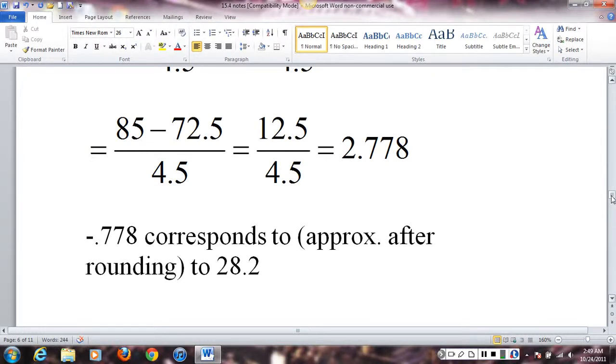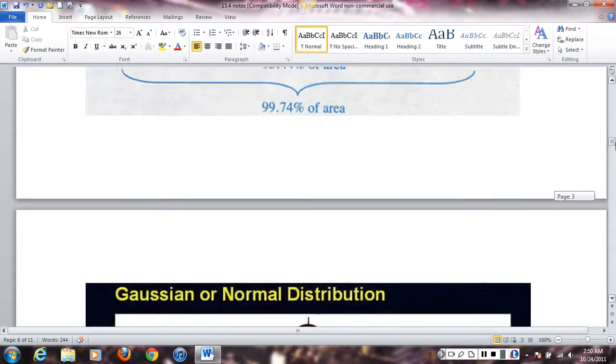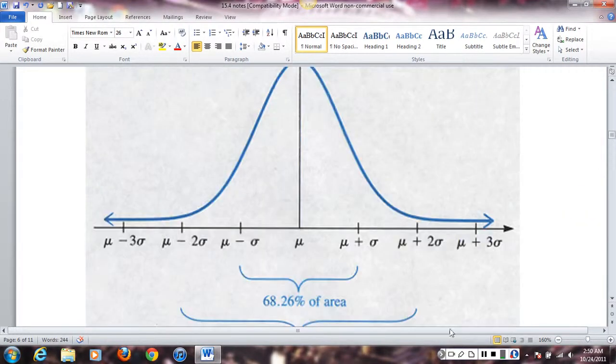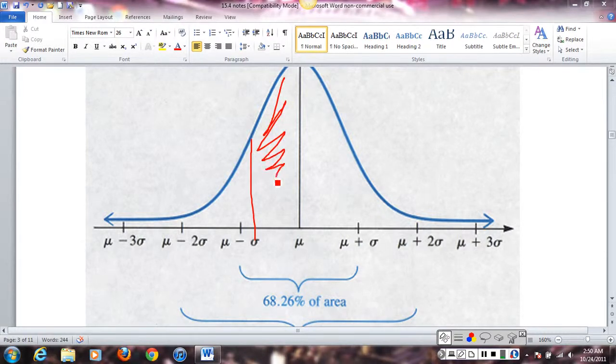Since it's negative 0.778, it's probably right about here. It's saying that 28% of the data is between the mean and that standard deviation.